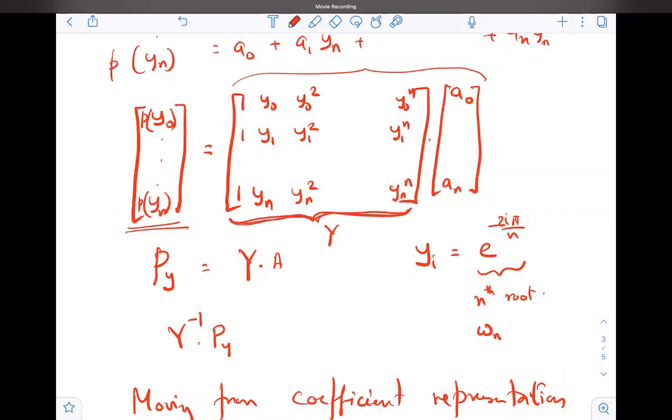So this is Wn to the power i, right? Sir, shouldn't it be the n plus 1th root of unity? Yes, it will be the n plus 1th root. You're right. I need the n plus 1th root. In that case, what is this matrix?